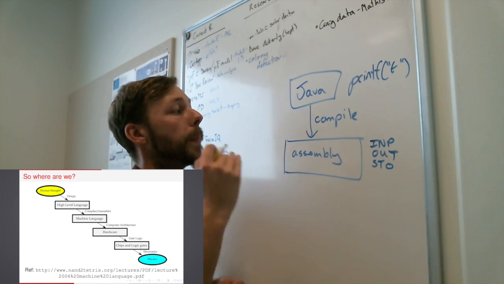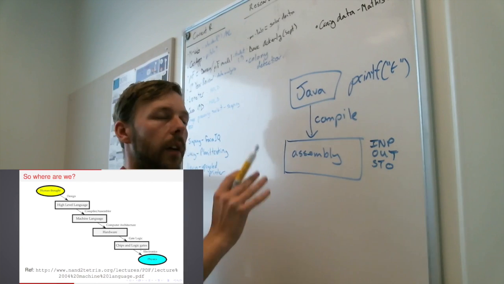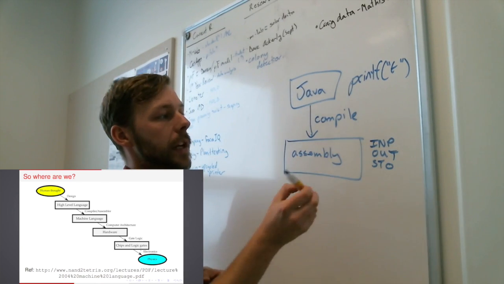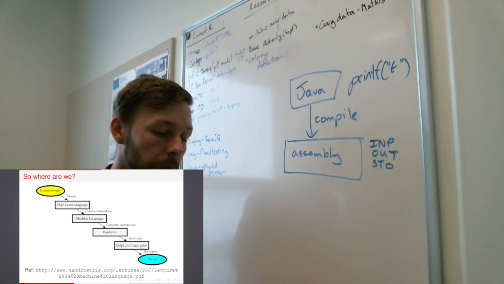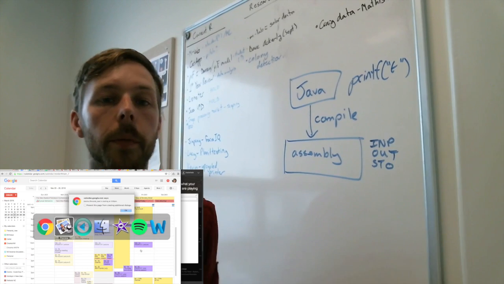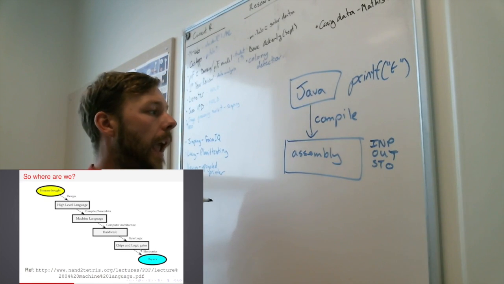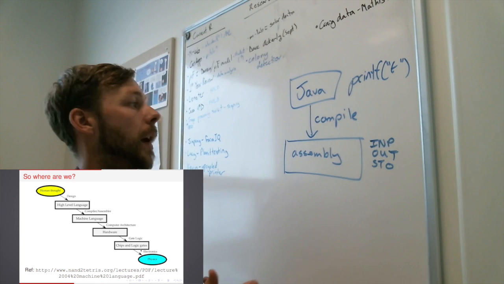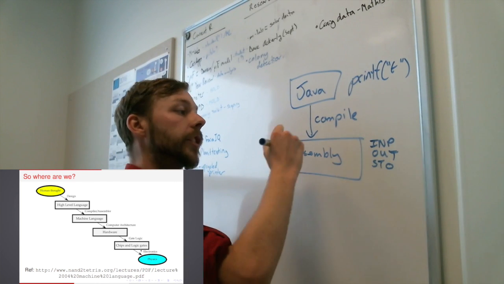So the compilation step takes your Java, Python, whatever code it is, and compiles it into assembly code of that type. Now, each different computer architecture has its own unique version of assembly code. And the step beyond that, which we haven't talked about yet, is the interpretation of that.